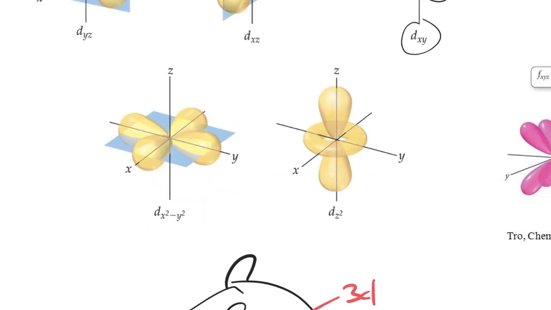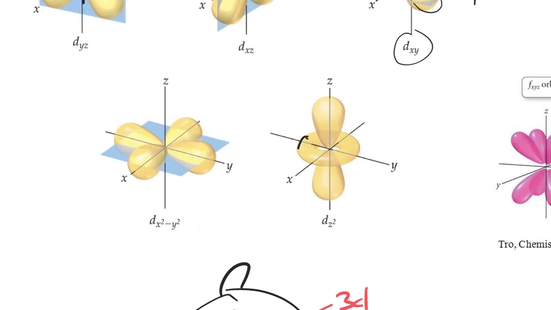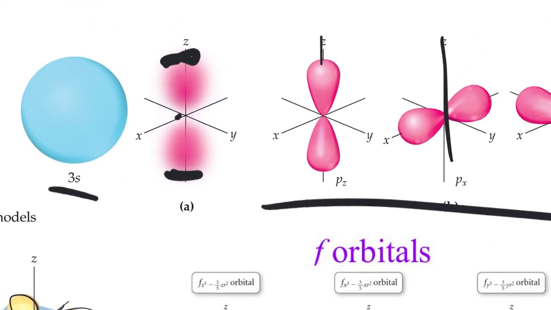Now, if we look back at the d orbitals, sometimes we call it a donut ring around one of the orbitals. It's kind of peculiar. But let's get back to another idea of the L value telling us how many nodal planes there are, planes of zero probability of finding an electron. Let's go back to the p orbitals for a minute.